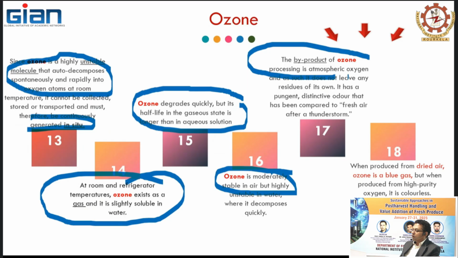Even in the byproduct we get at the end, atmospheric oxygen and its residues, after our ozone treatment process it may return to the air without causing harm. So mostly we consider it an environmentally friendly process as well.